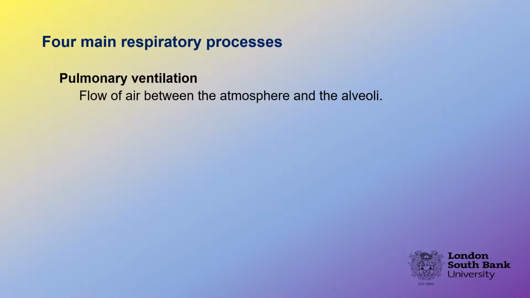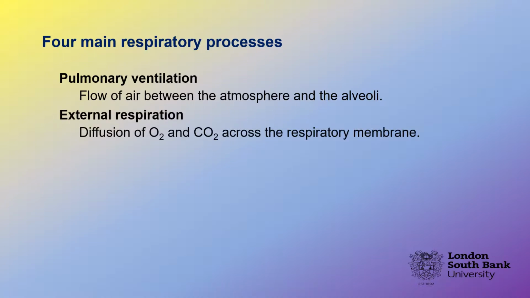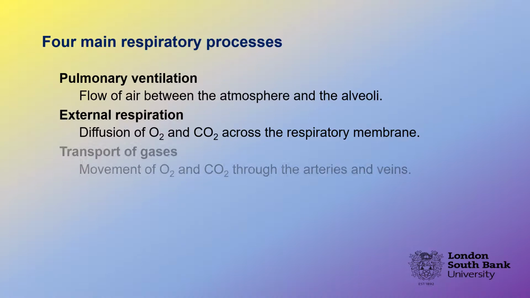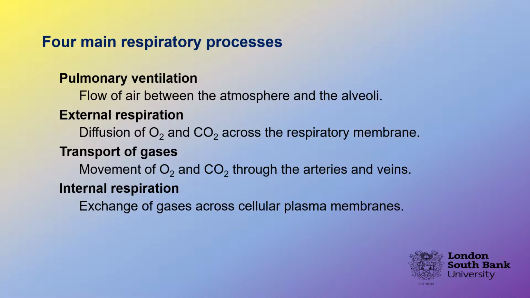So these are the 4 main phases or processes that make up respiration. Pulmonary ventilation, external respiration, which is diffusion of the gases across the respiratory membrane, transport of gases around the blood, and internal respiration at the cellular level.